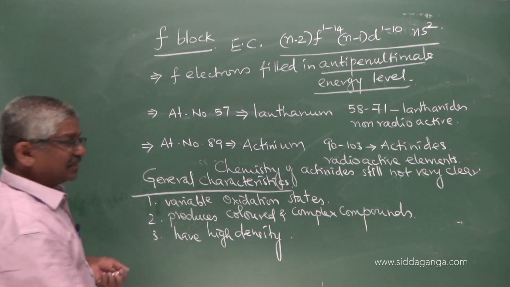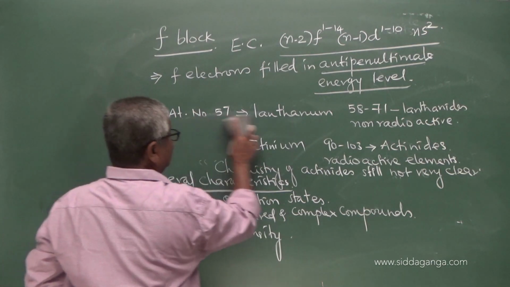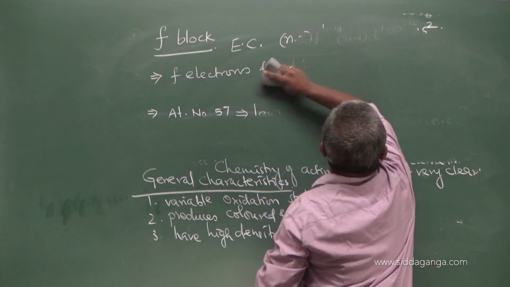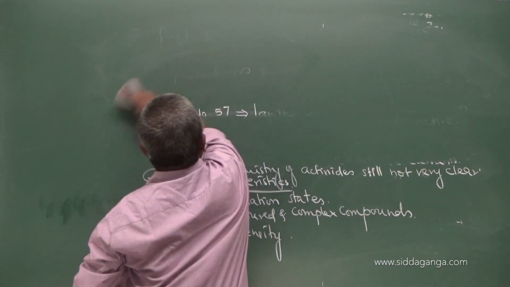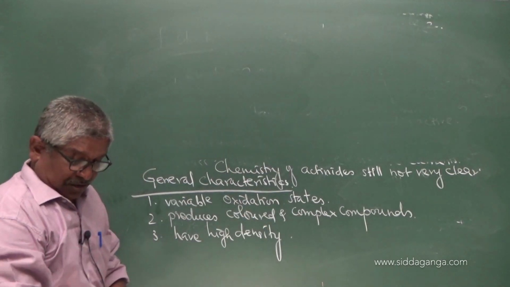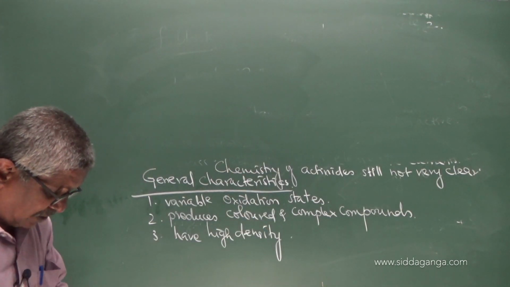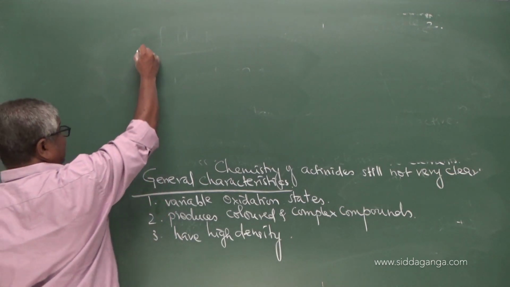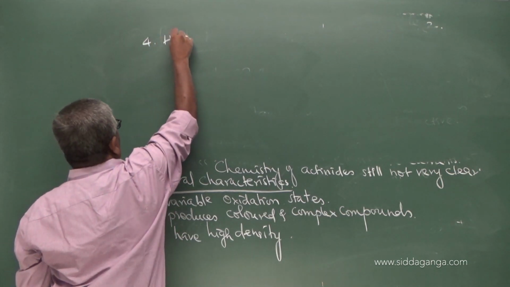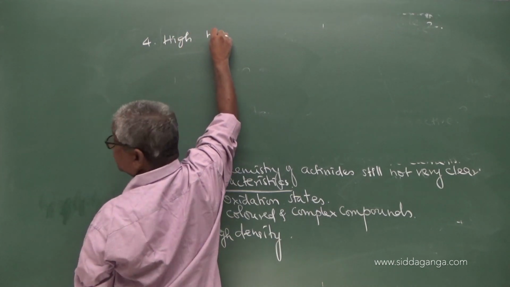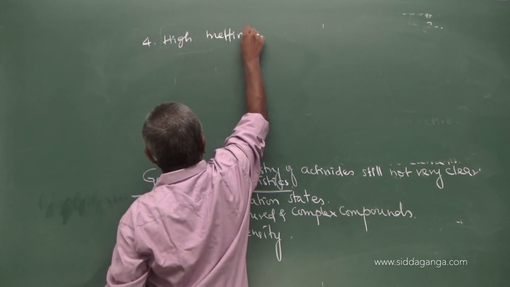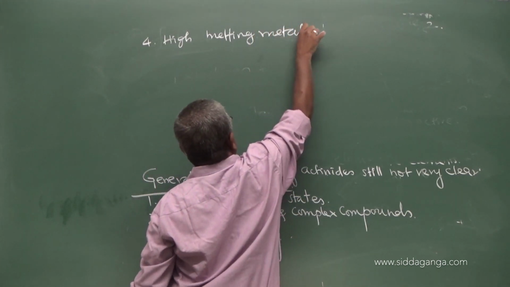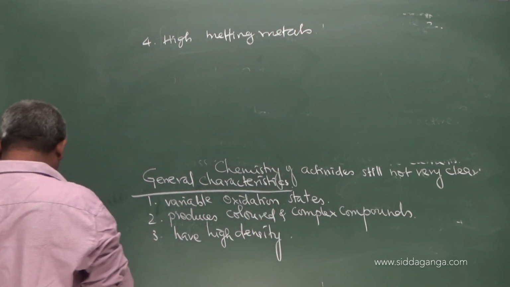The other general characteristics: complex compounds and colored compounds, and they are high melting metals.